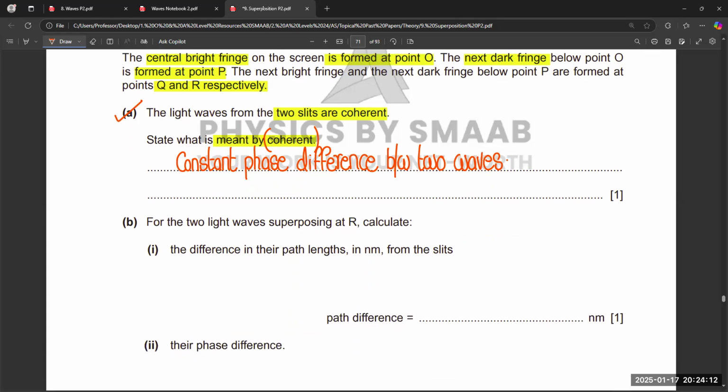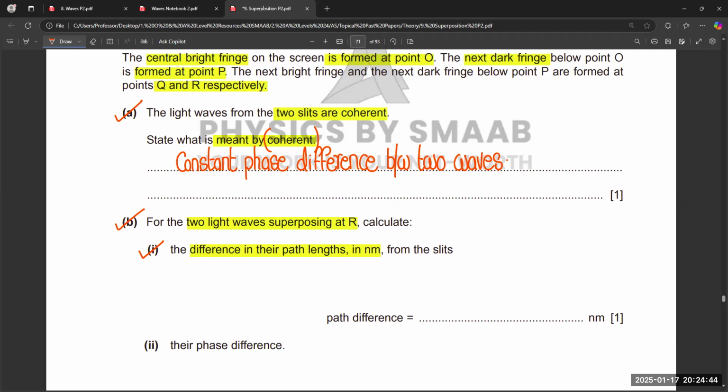Second, for two light waves superposing at point R, calculate the difference in their path lengths in nanometers from the slits. So we need to calculate path difference. We already discussed path difference: path difference equals n lambda, for bright and for dark both.